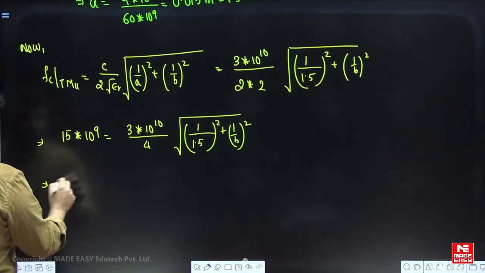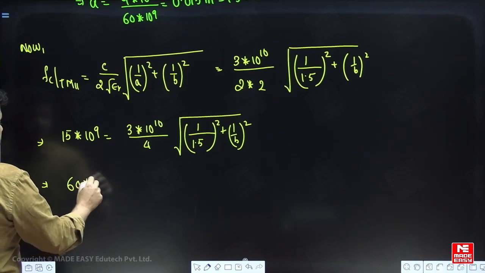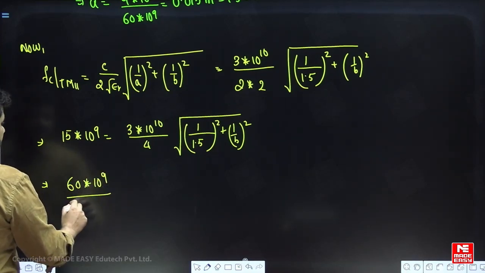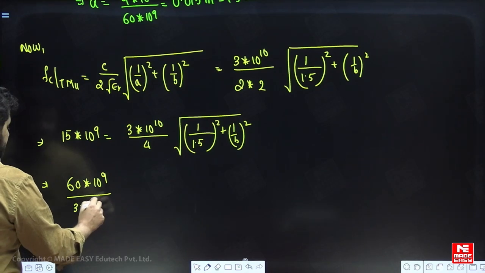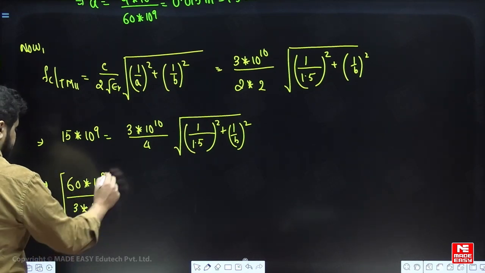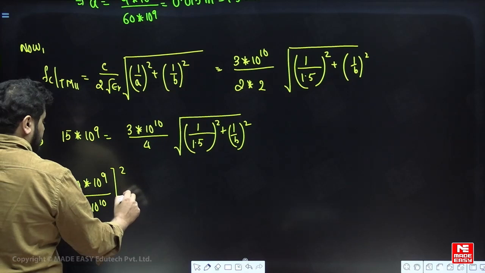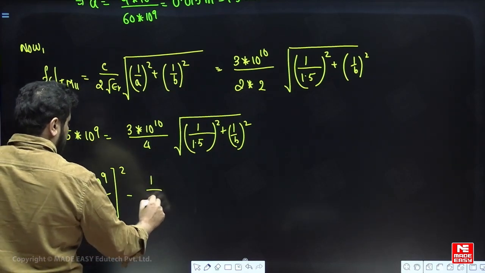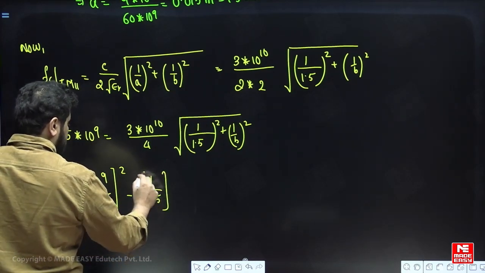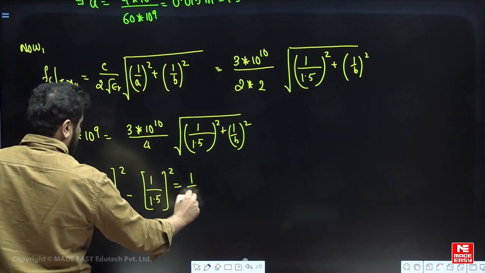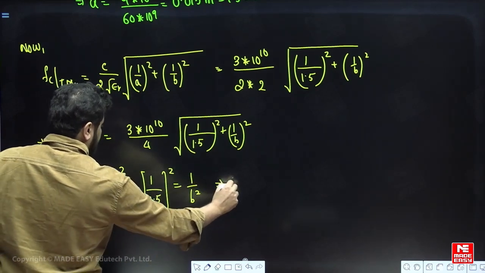So this is how much? 60 into 10 to the power 9 divided by 3 into 10 to the power 10, whole square, minus 1 upon 1.5 whole square, is equal to 1 upon b square. So from here I will get the value of b.